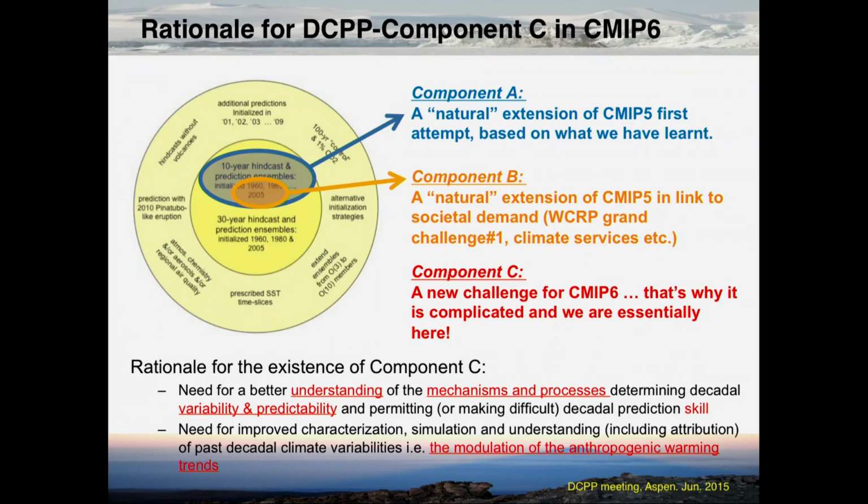And so we need to come up with some coordinated experiments to do so. We need to improve our characterization, our simulation, and our understanding, including the attribution of the past decadal climate variabilities, which I will phrase in a more global expression, which is the modulation of the anthropogenic warming trends, basically.